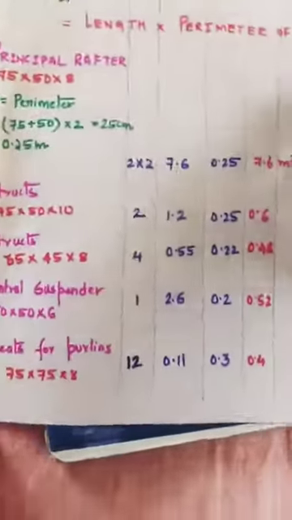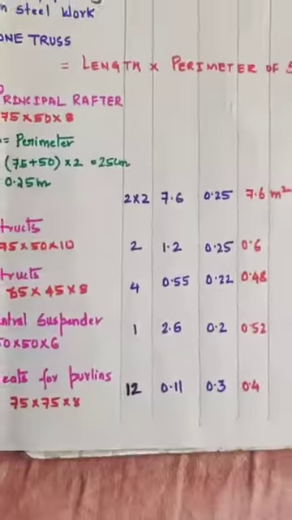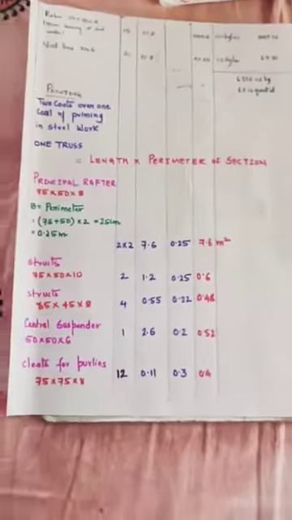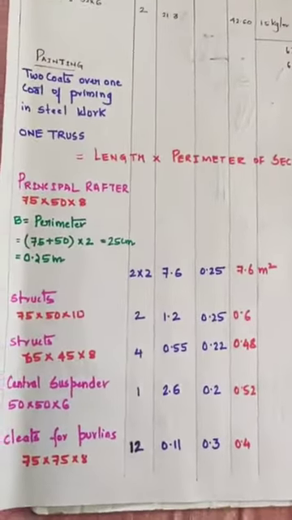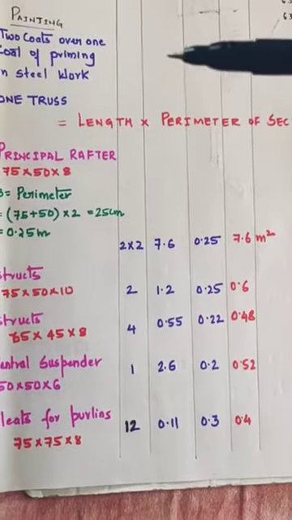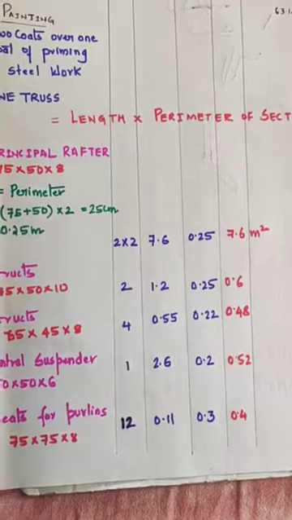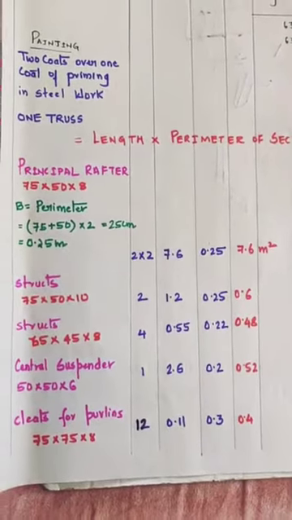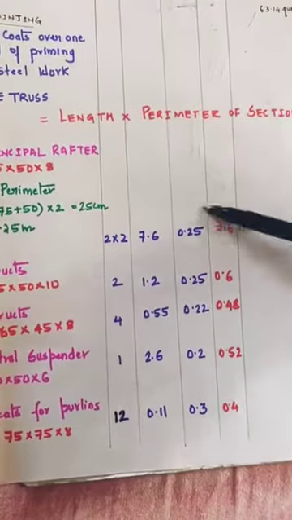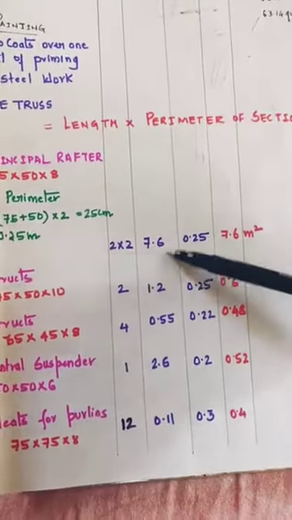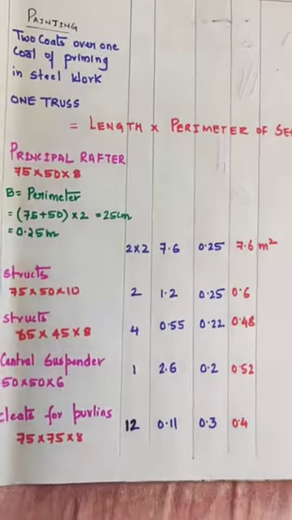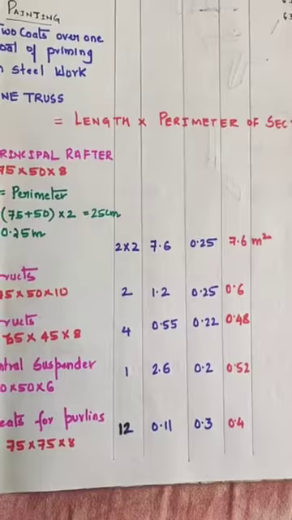One more thing here, it will be easy for you, as you have already listed down the numbers of members that are there in the truss and the length of those particular members, right? The only calculation part for you in painting is the calculation of the perimeter, because these columns you have already done when calculating the steel quantity, right?